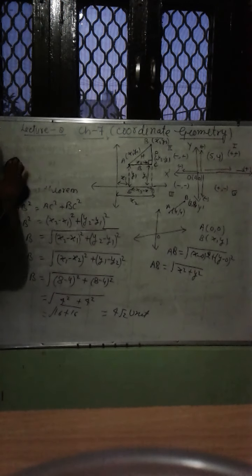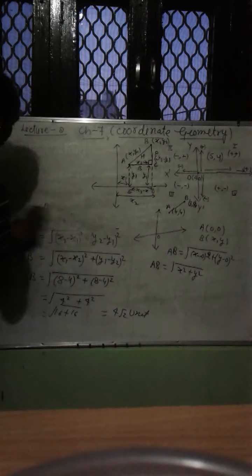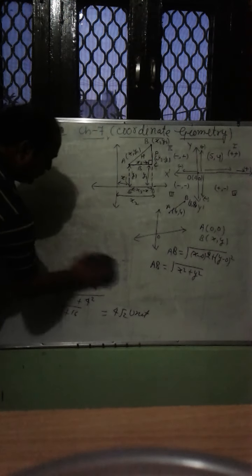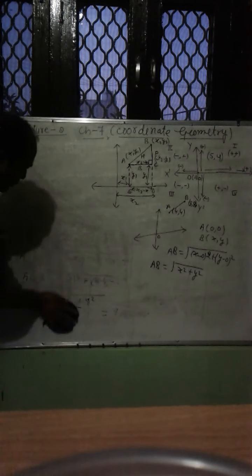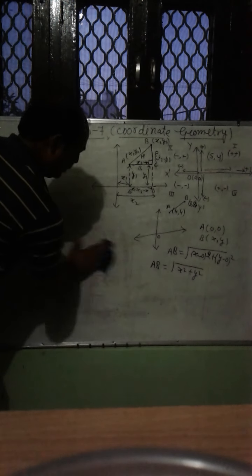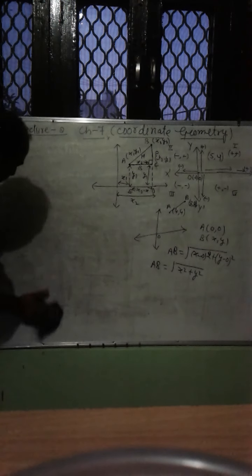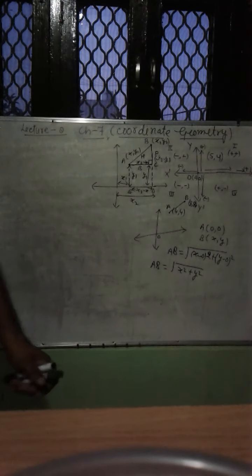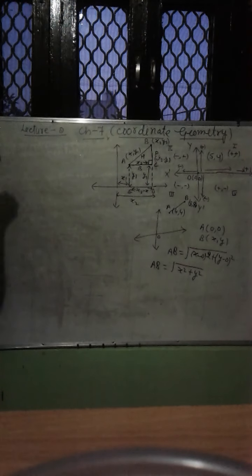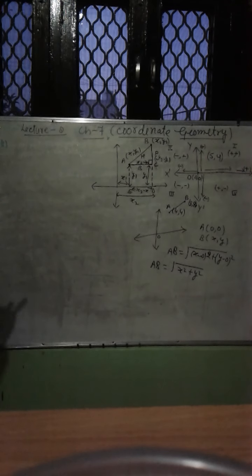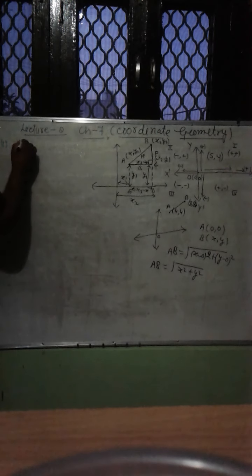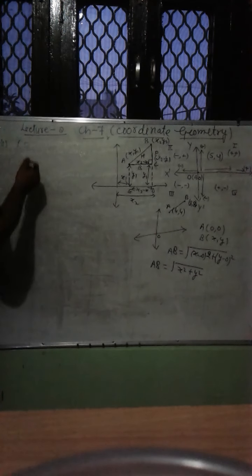So we write here, now, the another example is on points. Suppose this is question number, for example, 1. Okay. Now the coordinates given are 5.